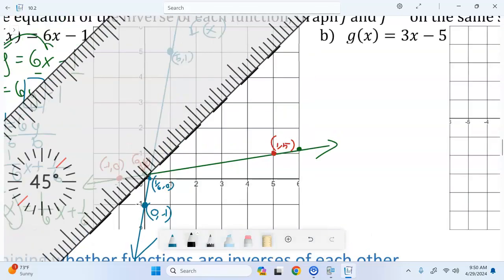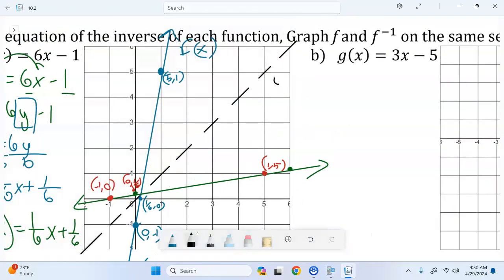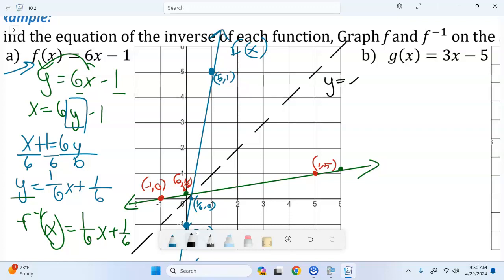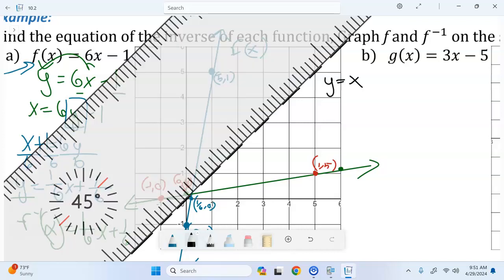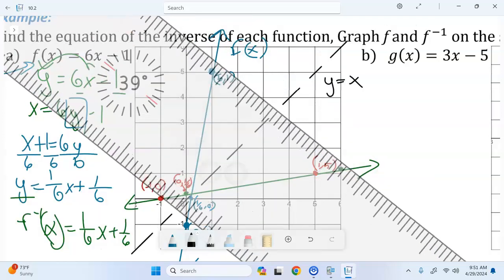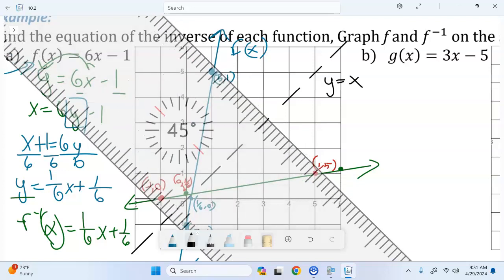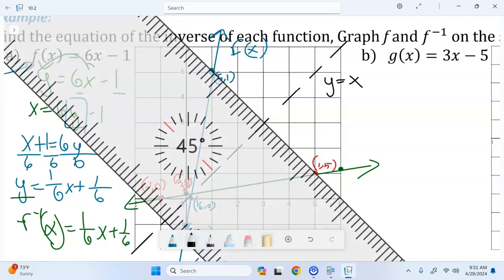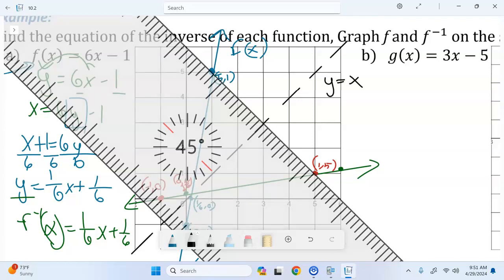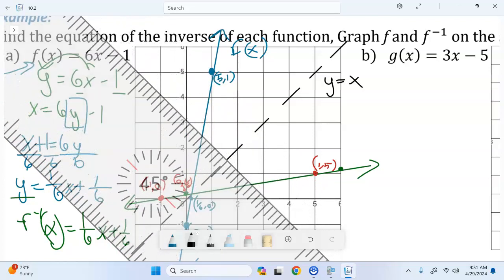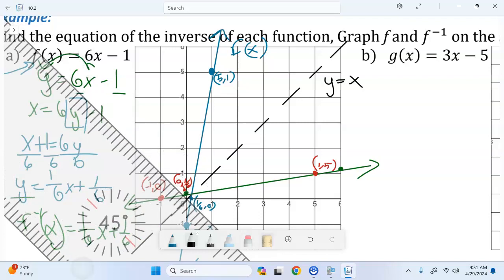Right there. If I take the equation, the line, y equals x, a straight line with a slope of 1 that passes through the origin, and I compare each point and its inverse to that line, they are always going to be the same distance from that line. So we have symmetry with inverse functions about the line y equals x.